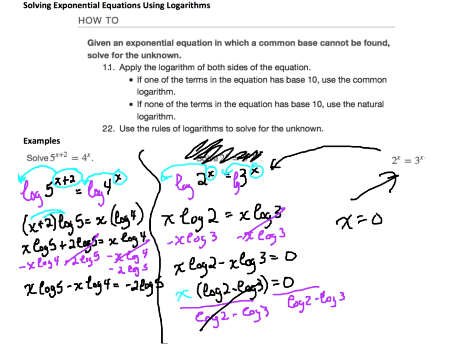If I have 2 raised to the x power equaling 3 raised to the x power, I can only insert one value at a time into the x. And the only way that those two things are ever going to be equal is if they are equal to 1. And anything raised to the 0 power is equal to 1. So 2 to the 0 is 1, 3 to the 0 is 1.